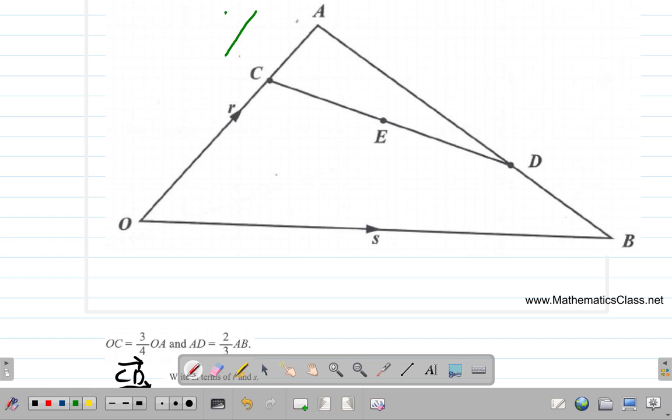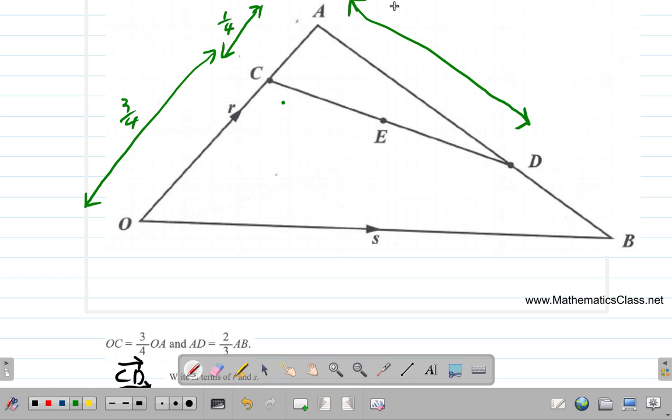So this is 1/4 and this is 3/4 of the way. We put that here. And then AD, from A to D, is 2/3 AB. So from here to here is 2/3. Therefore from here to here is 1/3.